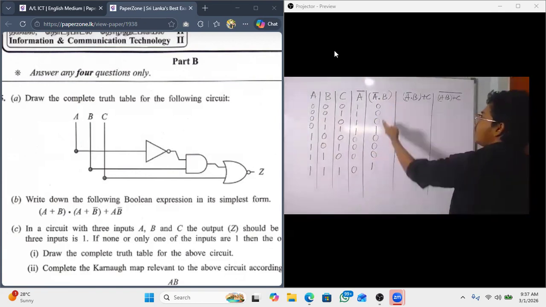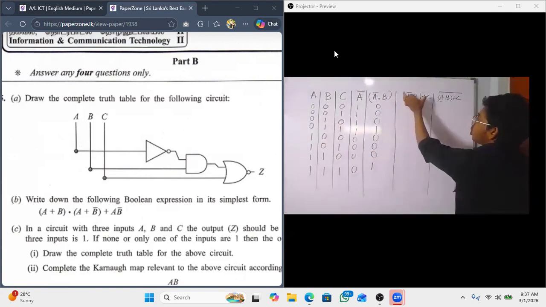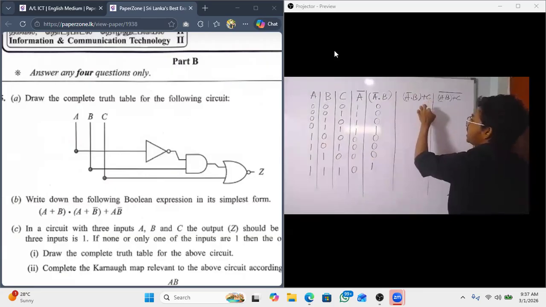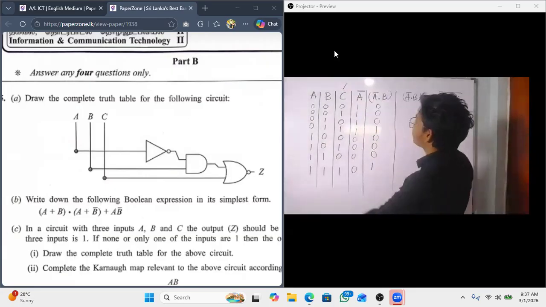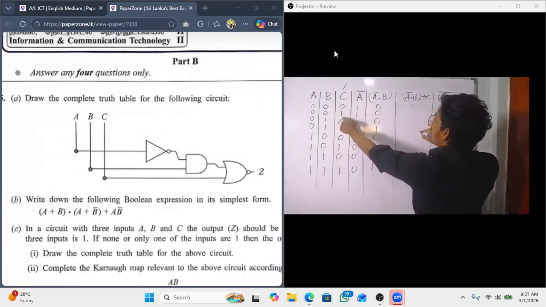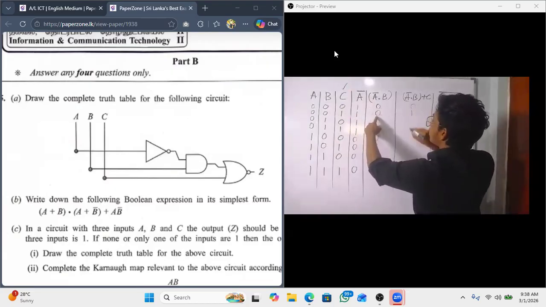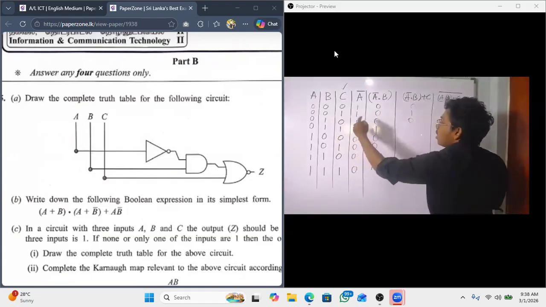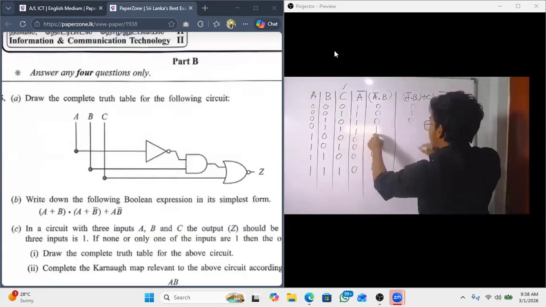Okay, now we have the A bar B column. So here what we should do, we have this column, you have to add C. Do we have C? Yes, we have C. 0 plus 0, 0. 1 plus 0, 1. 0 plus 0, 0. 1 plus 1, 2, it's 1. Why?